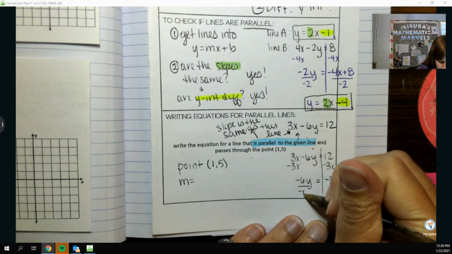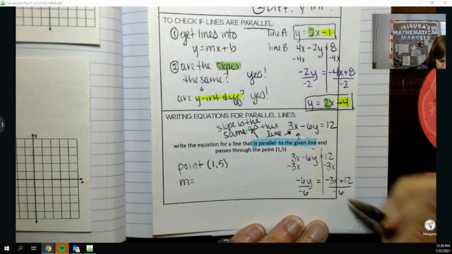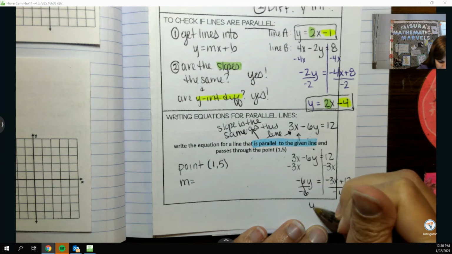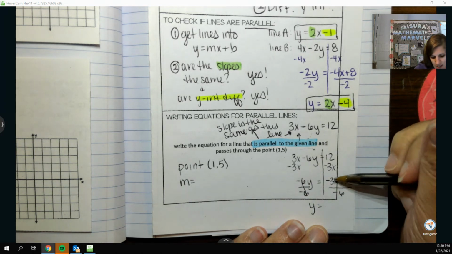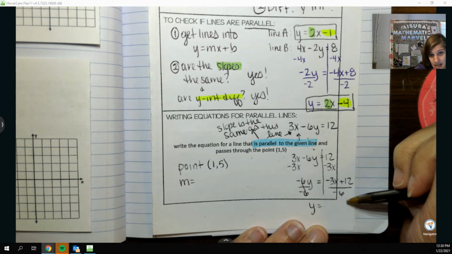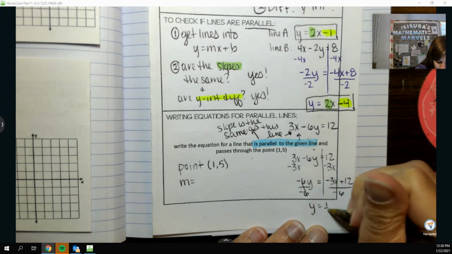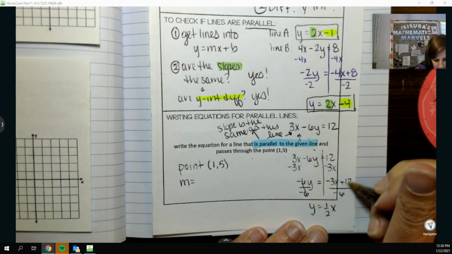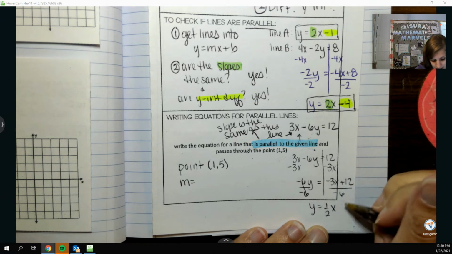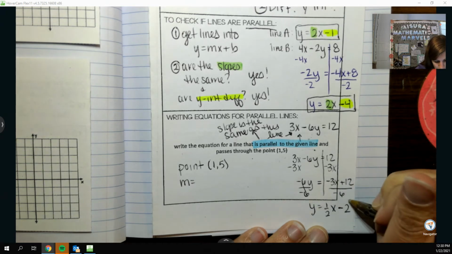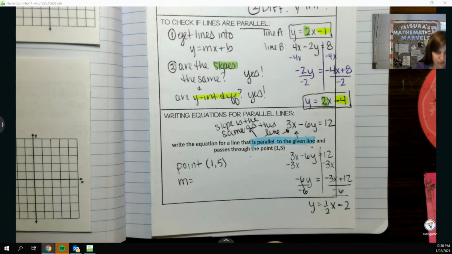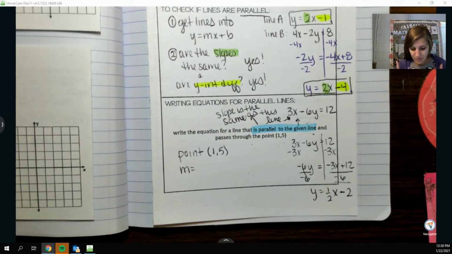Then divide by the negative 6 on both sides. And so I'd have y equals, so negative 3 divided by negative 6 can reduce to positive half x. And then 12 divided by negative 6 is negative 2, so I'll put minus 2. I was almost going to circle that, but that's not my answer, although it gives me a number I need.